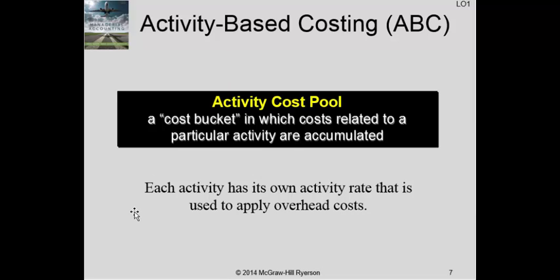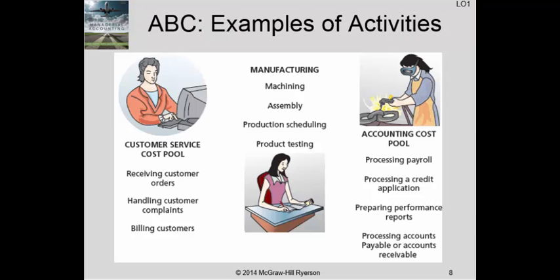We're going to talk about an activity cost pool, which, if you want to think of it in terms of a physical metaphor, is a bucket where costs associated with a particular activity are accumulated. And each of these activities has its own rate that we will establish, calculate, and use as an estimate, and that will be what we use to apply or to allocate the overhead.